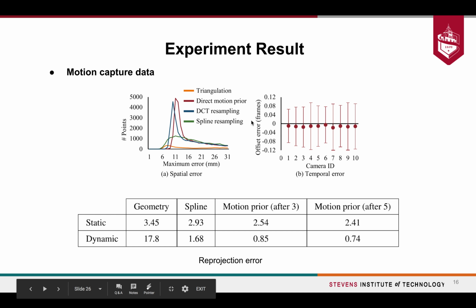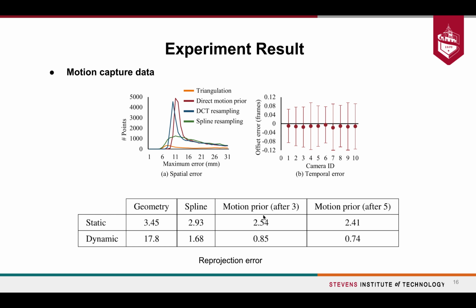Here are some experiments. First, he used motion capture data to compare the reconstruction error using the motion prior with DCT resampling, against triangulation and spline resampling. You can see DCT has the best result.